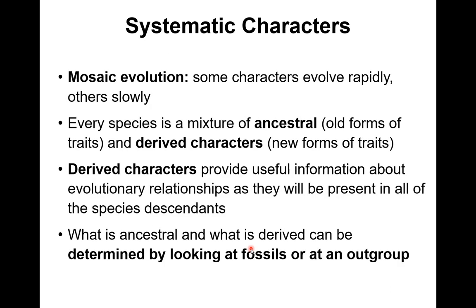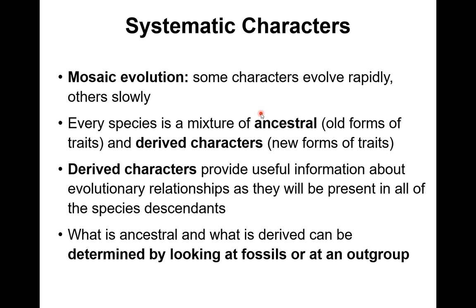Now, all organisms ultimately will result in the combination of early type of characters, what is referred to as ancestral type of characters, and new characters that have been derived from the original ancestral character, derived characters. Okay, so there are mosaic, if you look, all of these type of characters.